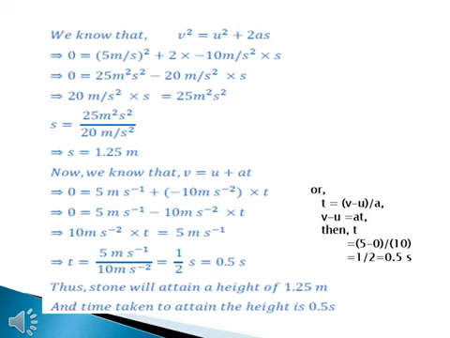Substituting the values, we get 5 divided by 10, which is equal to 1 by 2 second, that is 0.5 second. Thus, the stone will attain a height of 1.25 meter, which is the maximum height reached by the stone, and the time taken by the stone to reach this maximum height is t equal to 0.5 second.